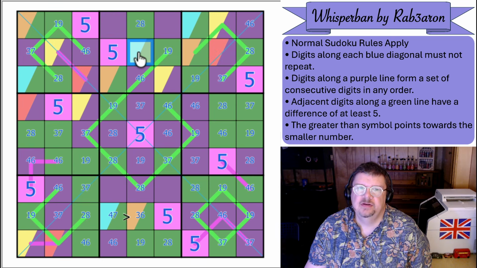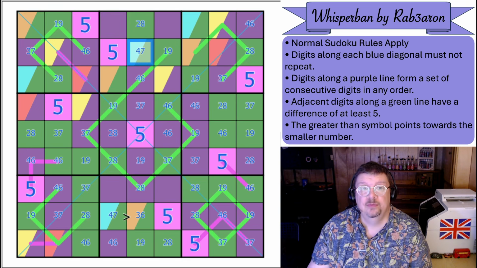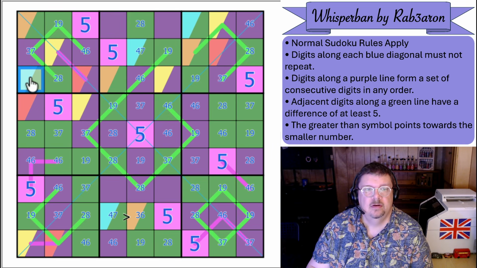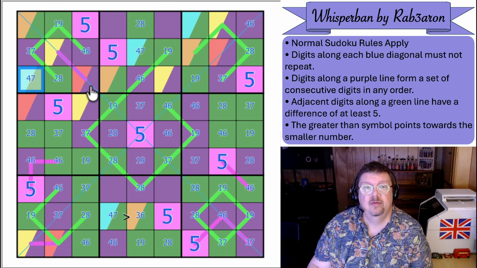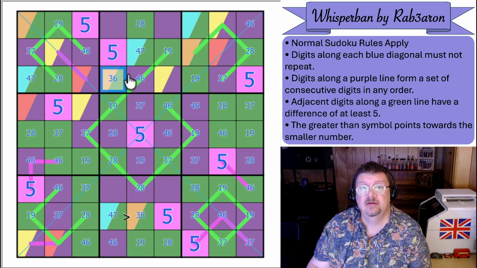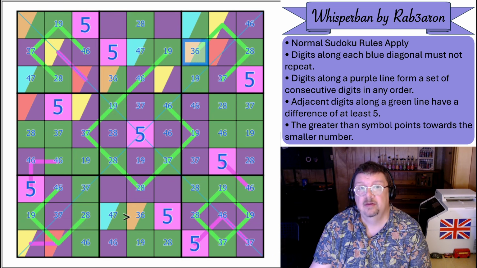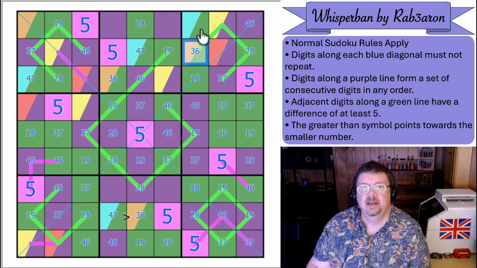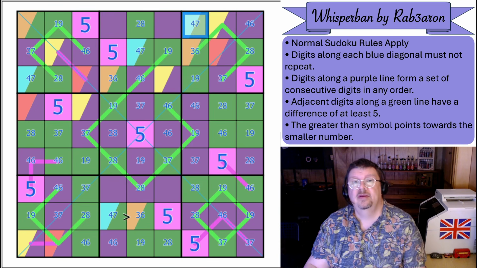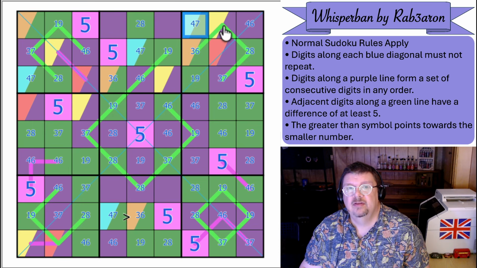Okay, this digit here, we know that's 4 or 7 because that's the blue digit. We know that this is 3 or 6. We know that that is 3 or 6. Maybe that's the key. That's 4 or 7. All right, if this is 6, that has to be 1.